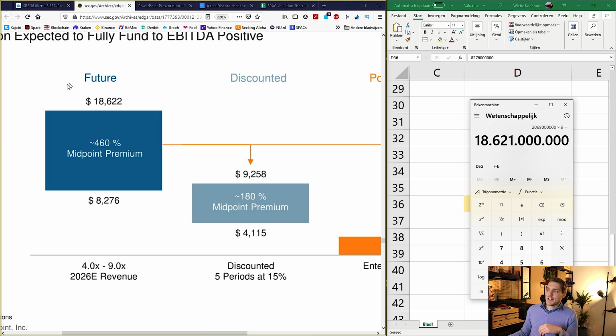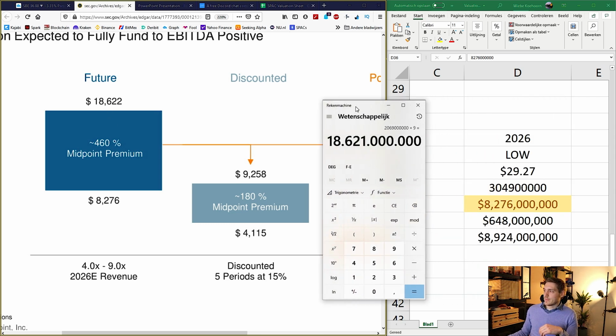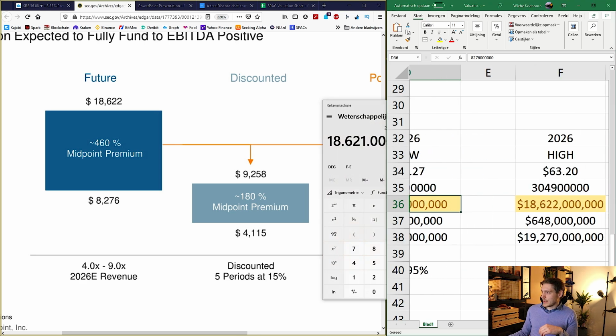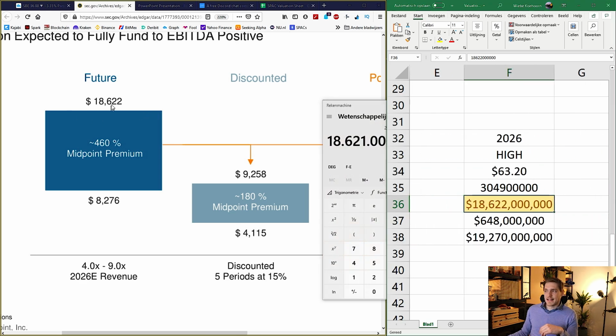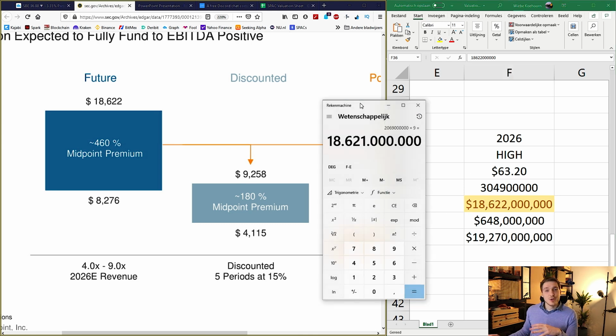In the investor presentation, it's slightly different, just a few rounding differences, I suppose, but 18.622 billion, that's fine as well. I believe that's also what I put in my Excel sheet. So I basically copied what they said in their investor presentation and put that number in the Excel sheet. But now you know exactly how they arrive at that number by taking the revenue, multiplying it by 9.